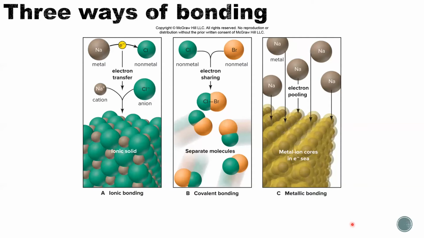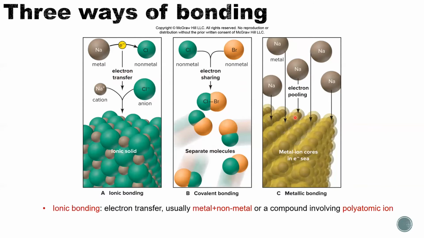So when we talk about these three types of bonding, and we ask you to identify each bonding, besides the electron transfer, electron sharing, and electron pooling, we can also use a trick and determine the category of the two bonding atoms. If the bonding atoms are a metal plus a non-metal, then this type of bonding is ionic bonding. And there's one special case here.